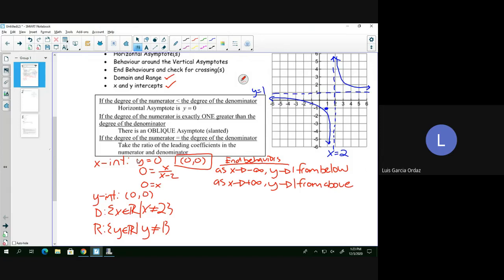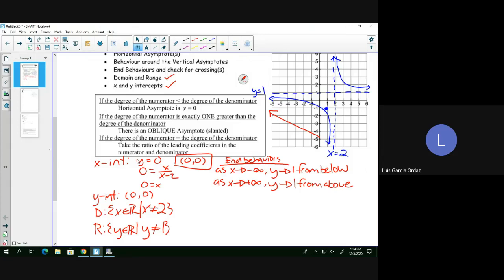So when we have a horizontal asymptote, this is what we're going to have to use now. So we're going to have to use from below or from above. Okay? So this is just basically where we're using the visualization of the graph. So you can tell as x keeps approaching the negatives, y is going to approach closer to 1 from below because it's coming from the bottom up.